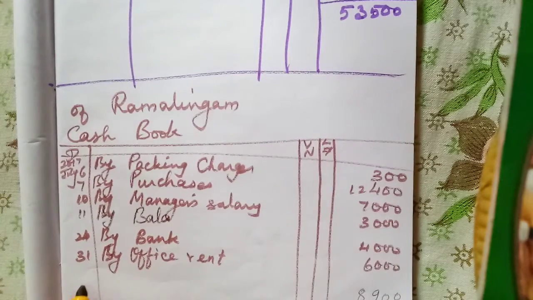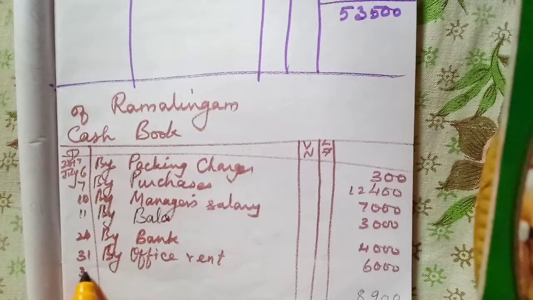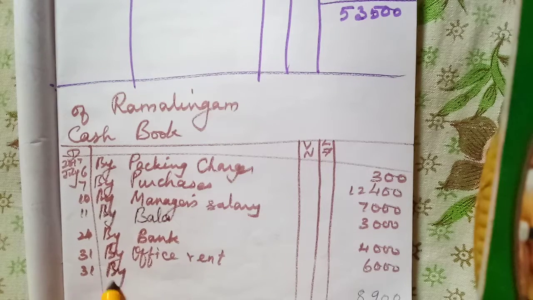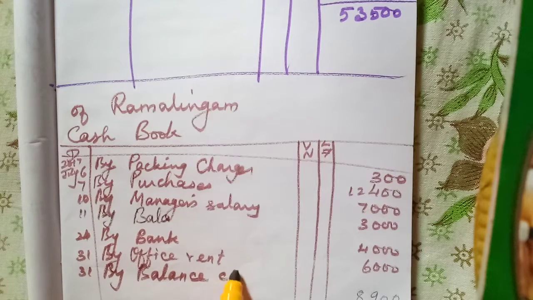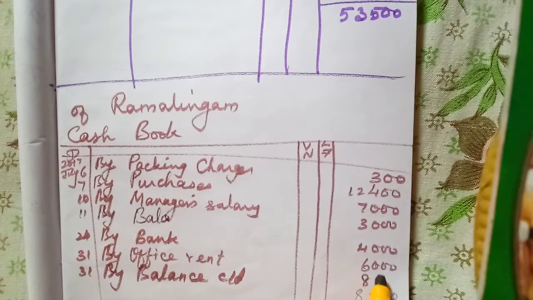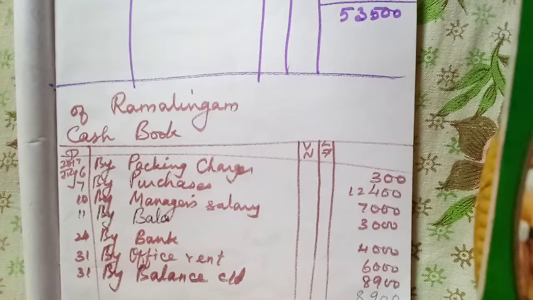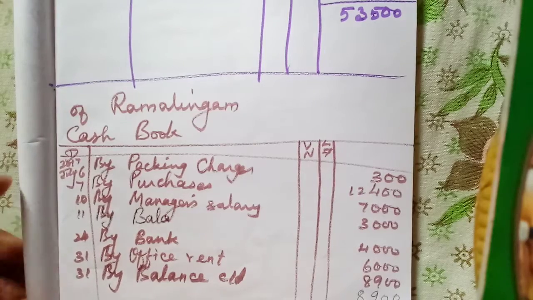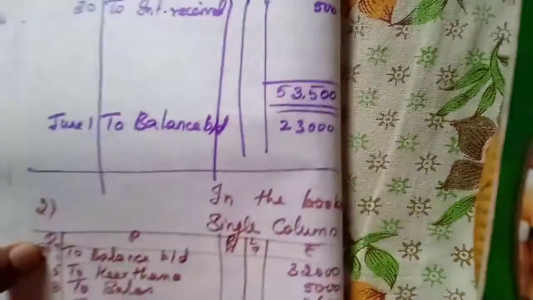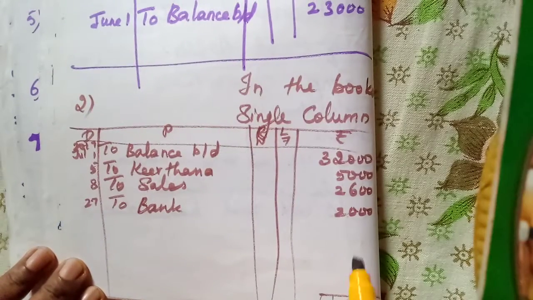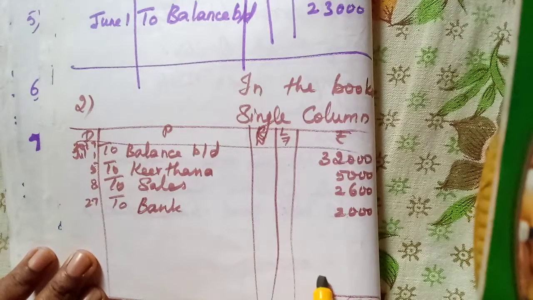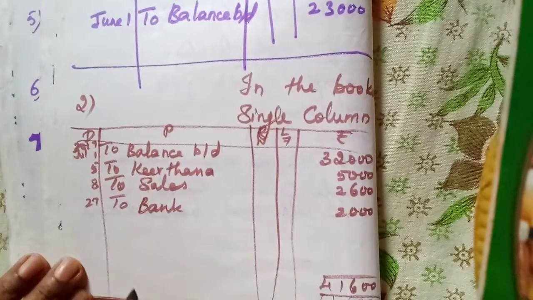So how we should write? Same, 31 by balance last date of the month July. Balance carry down 8,900. You have to rub this one. Okay, then next month beginning we should write 41,600.